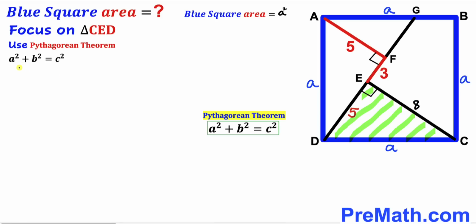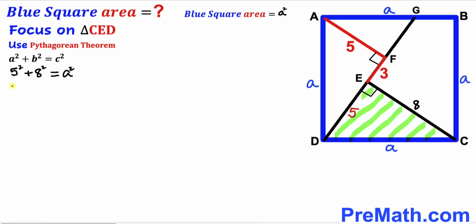Let's fill in the blanks in this Pythagorean formula. 5 squared plus 8 squared is equal to our hypotenuse, a squared. Let's simplify. That gives us 25 plus 64 equal to a squared. If we combine these constants, a squared is going to be equal to 89.